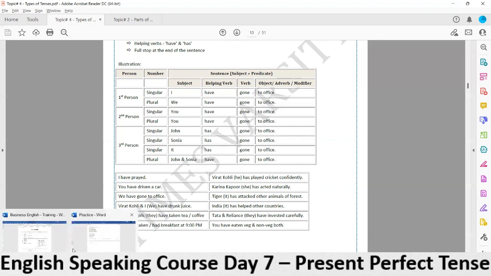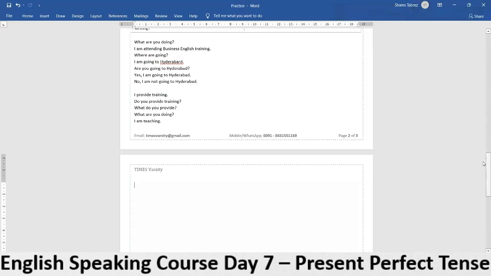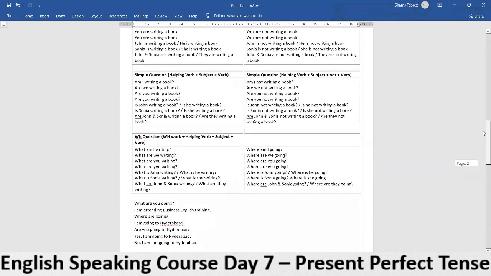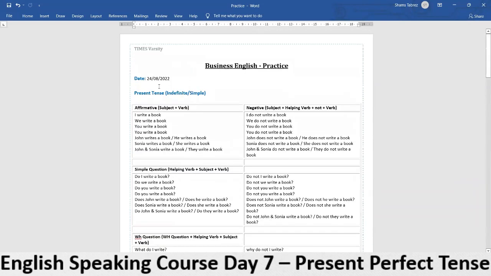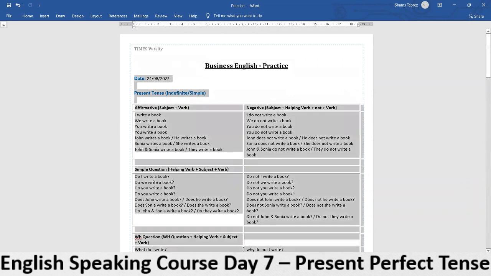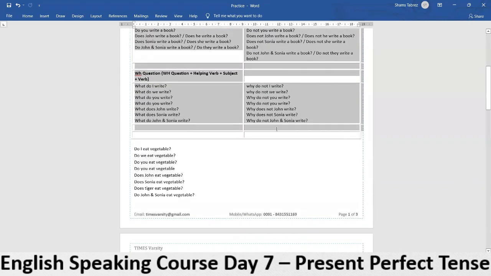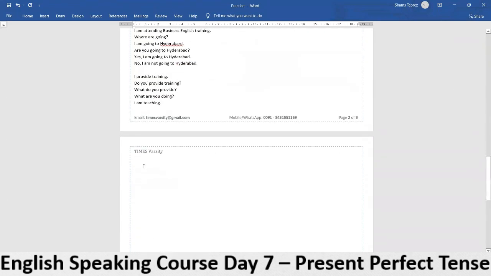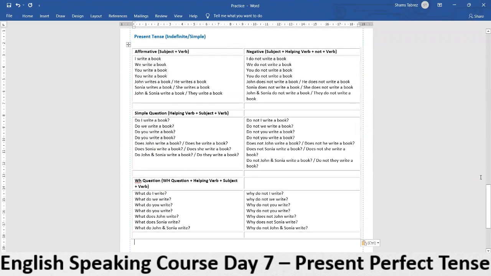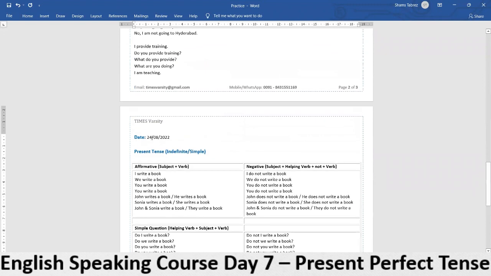Now, some examples. So we will copy from here and put today's 26.